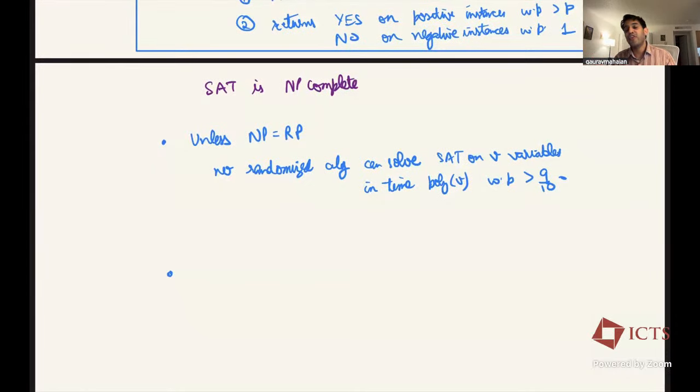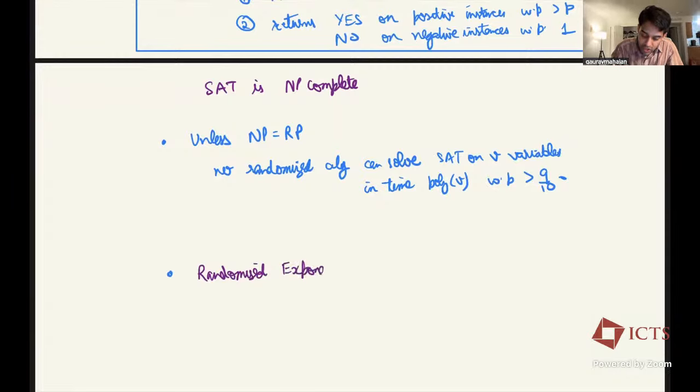So people have been looking at certain hypotheses. One of them is the randomized exponential time hypothesis. I should know the citation, but I forgot. But Russell was one of them.